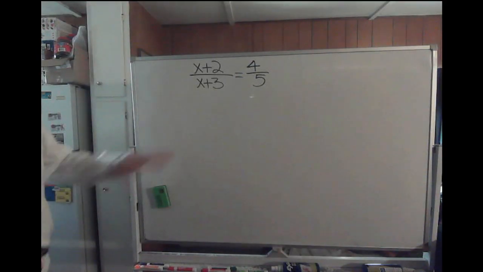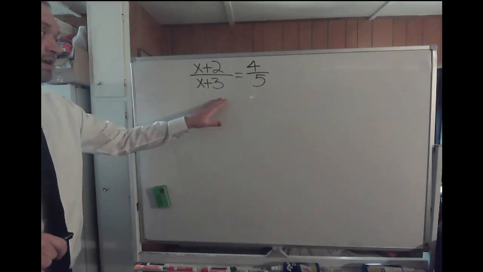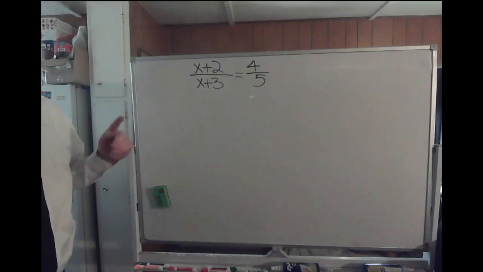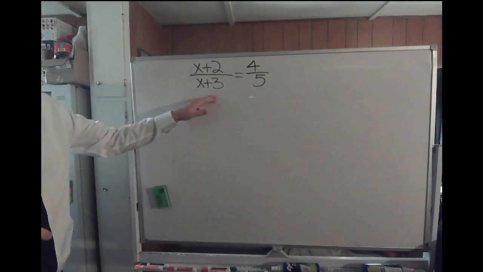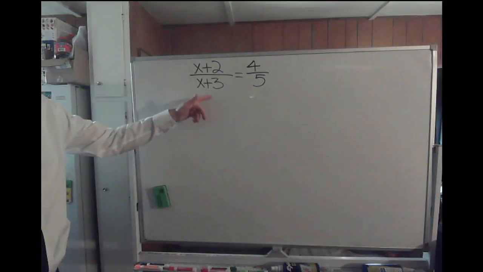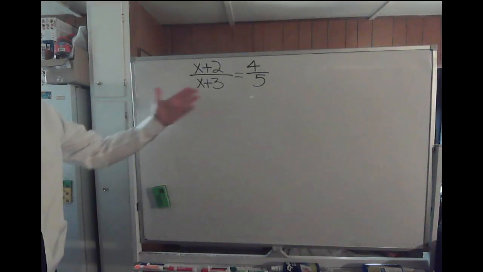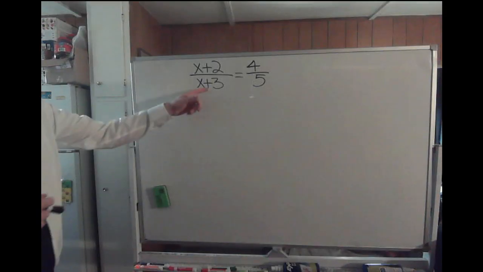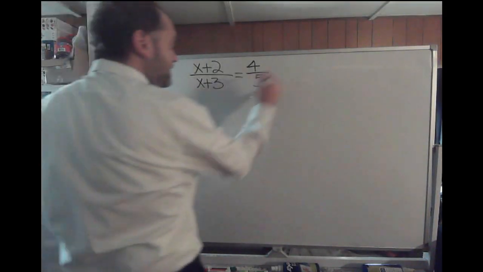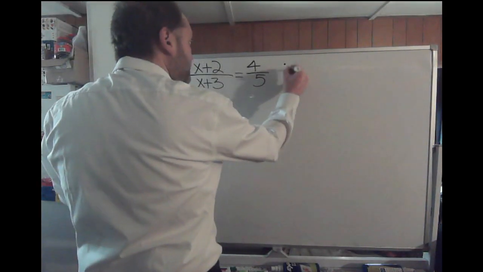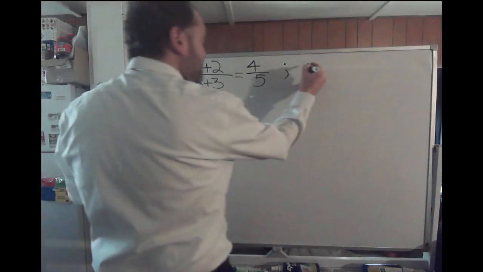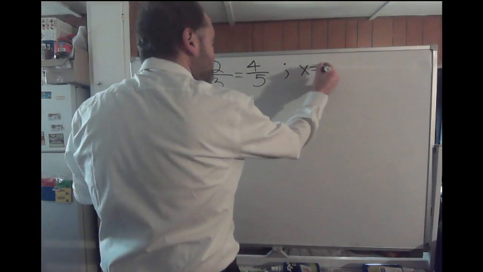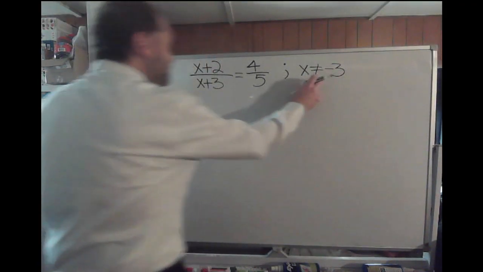Remember something, whenever you have a variable in the denominator, you first want to exclude any values of x that would give you a 0 in the denominator, because as we know, a 0 in the denominator would make the expression undefined, because you can't divide by 0. So if x equals negative 3, that's going to make this whole expression undefined. So we restrict it to where x is not equal to negative 3.